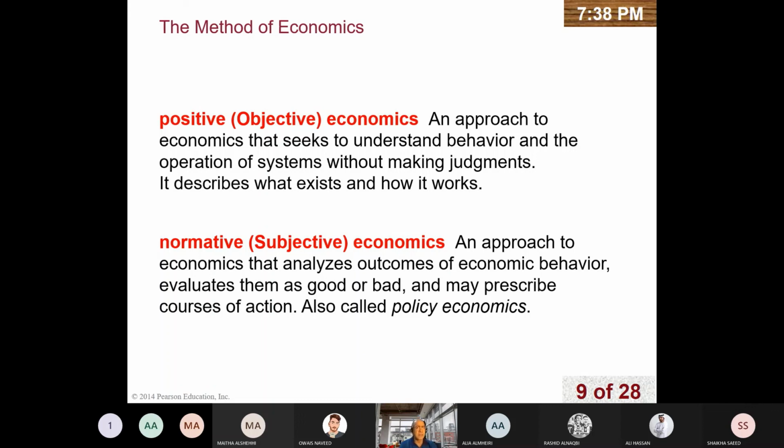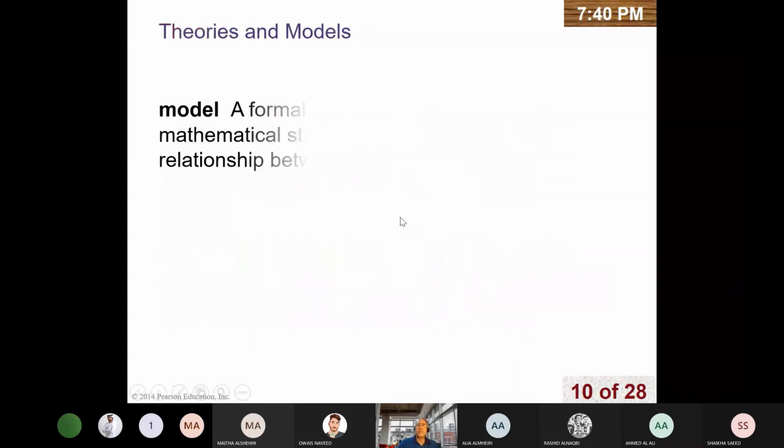Is it time to increase or decrease the interest rate by the central bank? So this is an opinion. Sometimes we need experts to give an opinion. So I explained the meaning of positive and normative, and I gave examples.